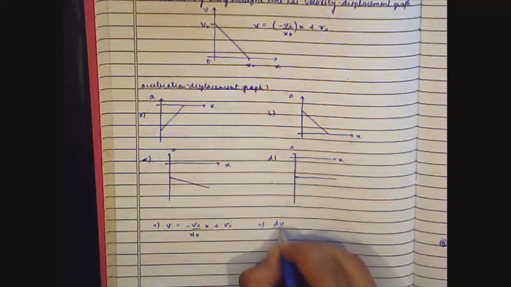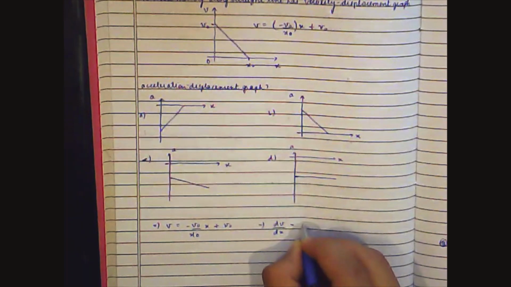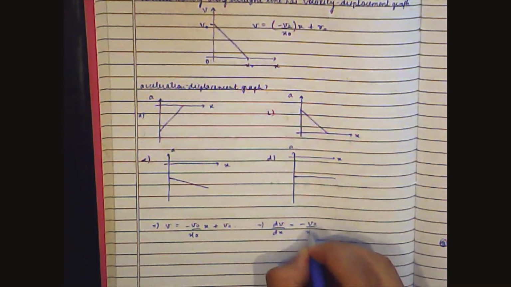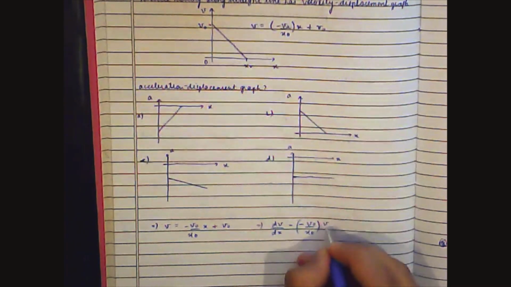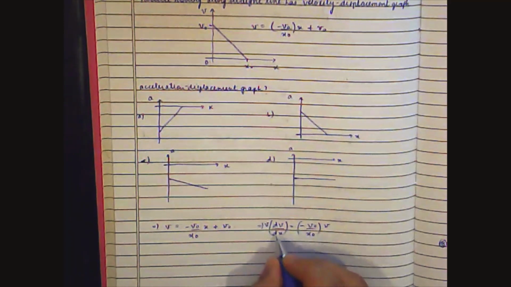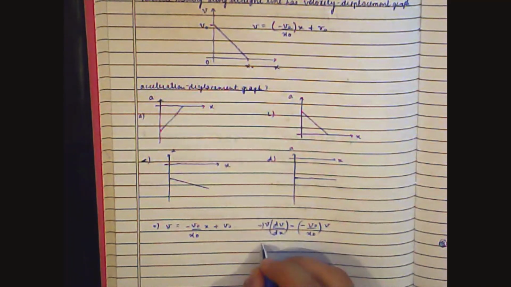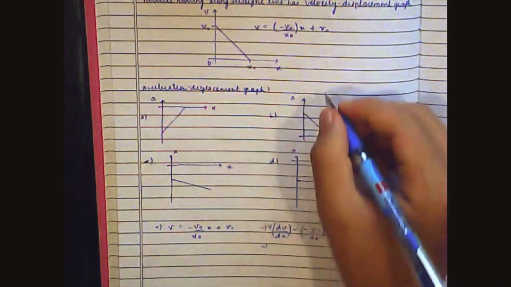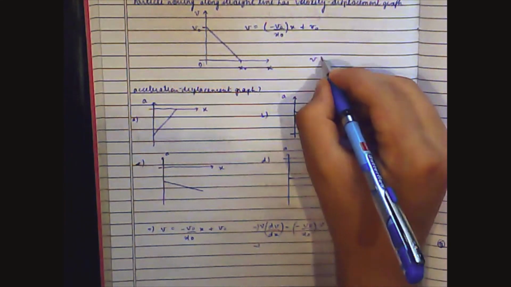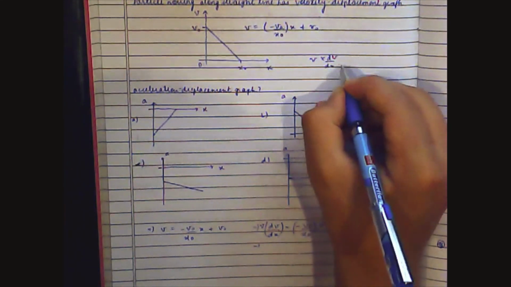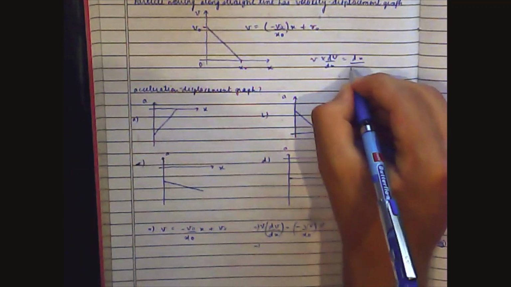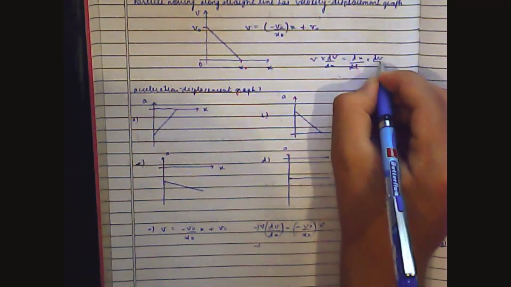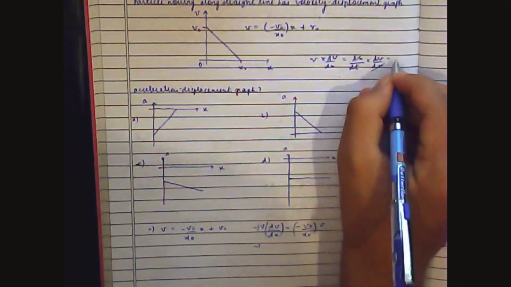Dv by dx equals minus v naught by x naught, and if we multiply it by v, now we know that v dv by dx is basically acceleration, because v dv by dx, what is v? Dx by dt into dv by dx. Dx cancel, which is acceleration.